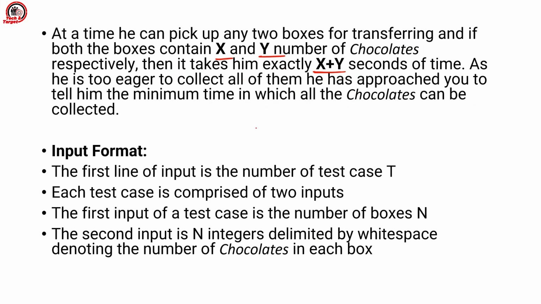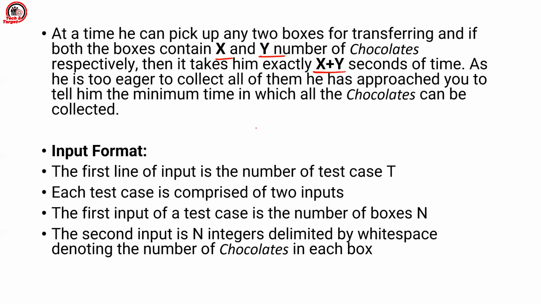Now, if there are two boxes with chocolates in each of them, he can select those two boxes, take one more empty box, and put the contents of both boxes into that single box.